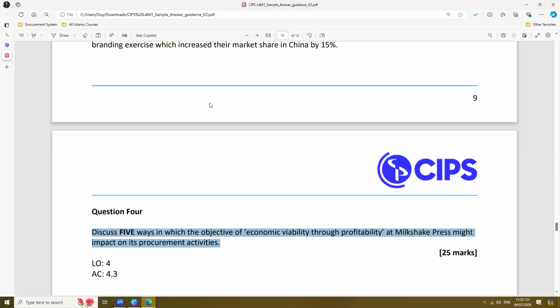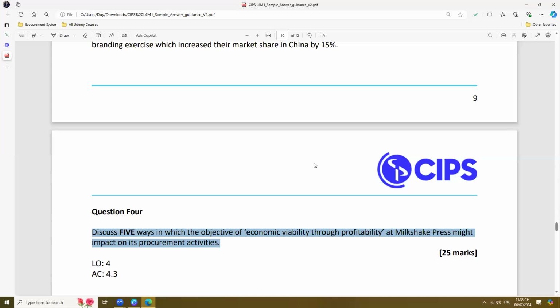But let's consider the type of question here first. It asks about the impact of profitability, economic viability through profitability, on procurement activity. It's like analyzing what kind of pressure improving profit may have on procurement activity.